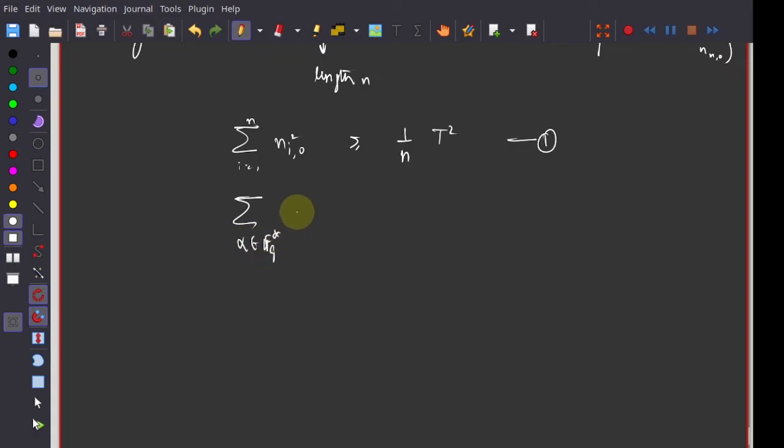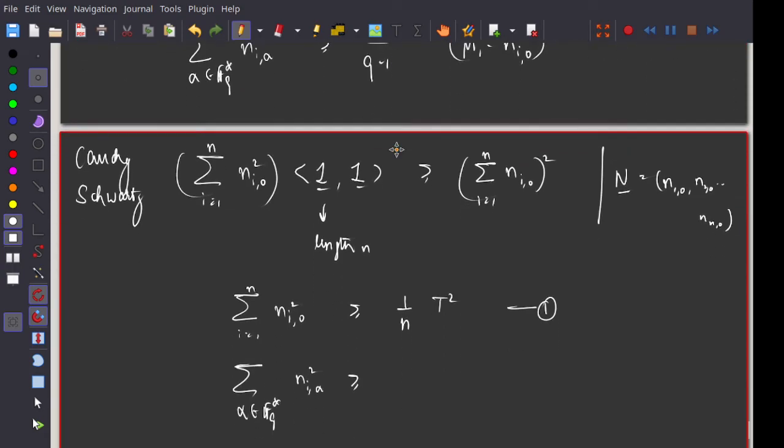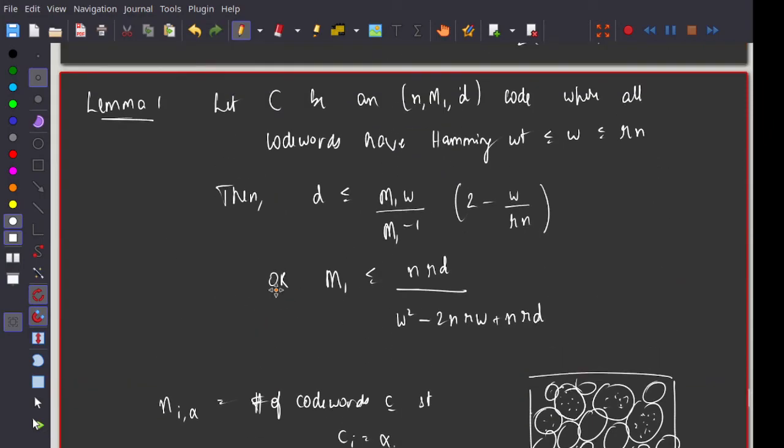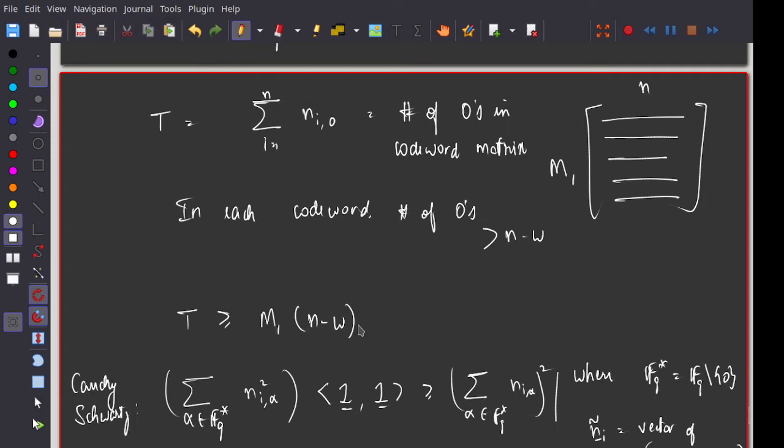Summation over alpha in Fq star of ni alpha square is greater than or equal to 1 over q minus 1 into m1 minus ni0 whole square. And what else did I have earlier? Yeah, so t is greater than or equal to m1 into n minus w.